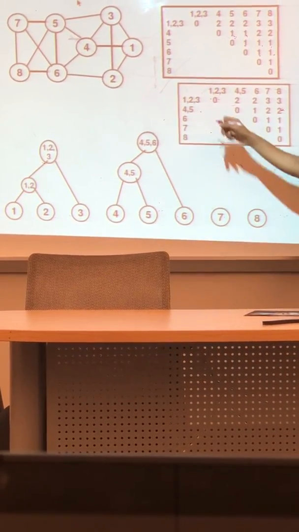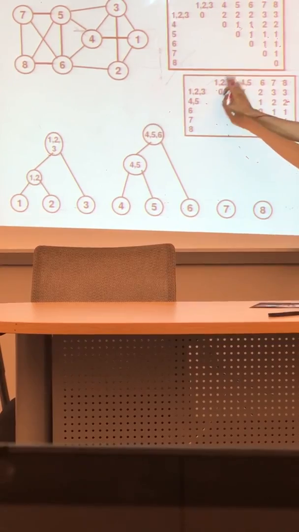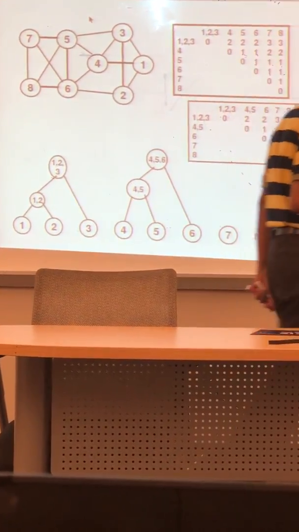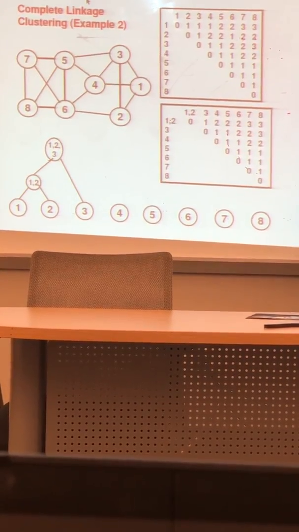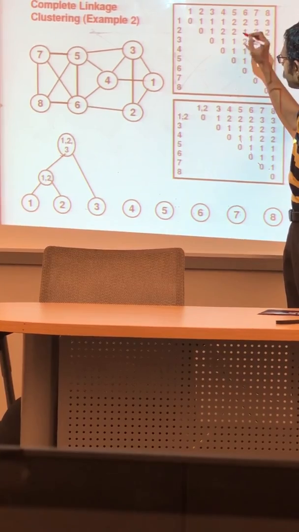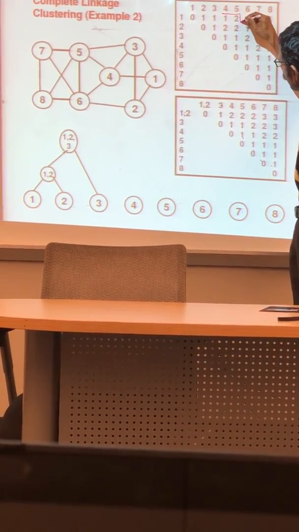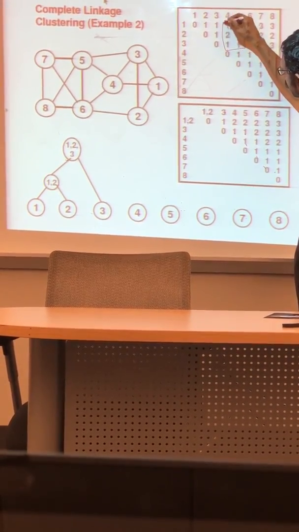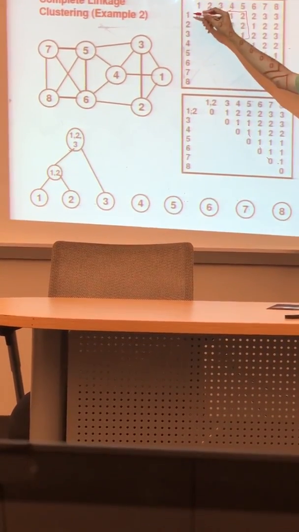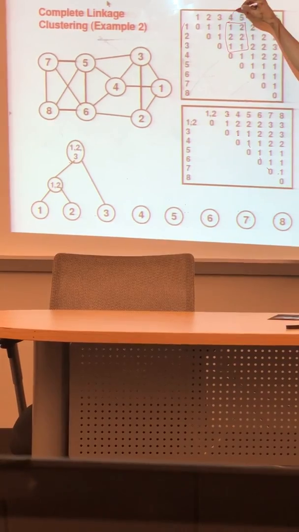So combine 4, 5. Now to find the distance between 1, 2, 3 and 4, 5, what do you have to do? Go to the original distance matrix. So 1, 2, 3 with 4, 5. So this is the block. Okay? So make sure you include all the 3 vertices 1, 2, 3 and 4, 5.